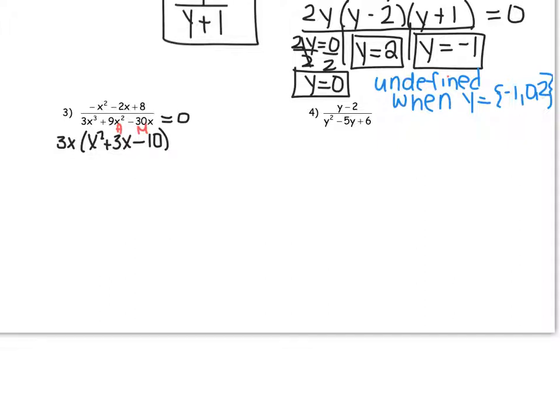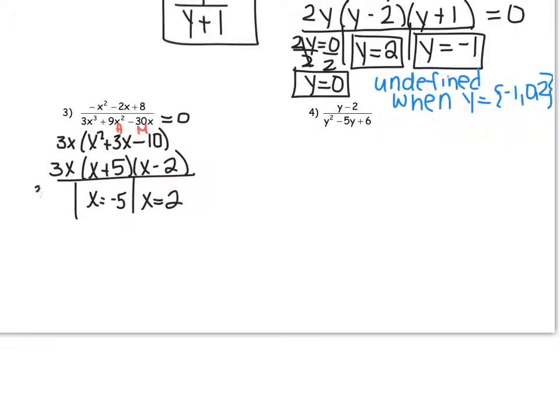So the factors of 10 that are going to add to 3. So I think I can use x plus 5 and x minus 2 and a 3x in front. So my values that make this thing undefined are -5, positive 2, and again set 3x equal to 0, so x is equal to 0.